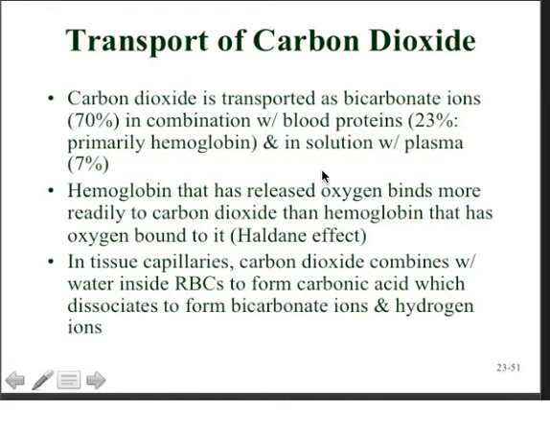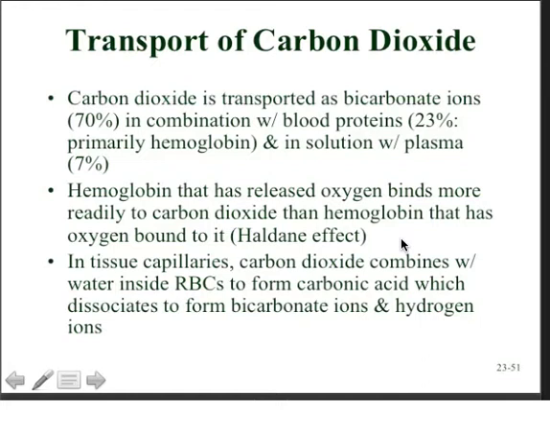Hemoglobin that has released oxygen binds more readily to CO2 than hemoglobin that has oxygen bound to it. Essentially, the way that you can look at this is called the Haldane effect. You could think of the oxygen and the carbon dioxide as fighting for binding to the hemoglobin at sites that are not identical, but that essentially complement each other, in the sense that as CO2 binds to its allosteric sites, the oxygen binding sites become less accessible.